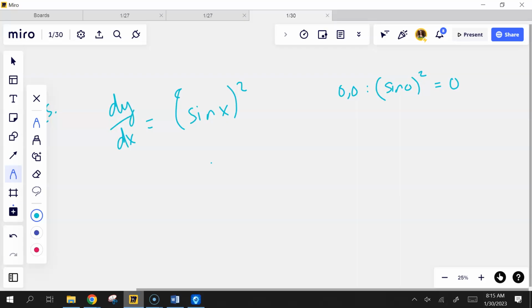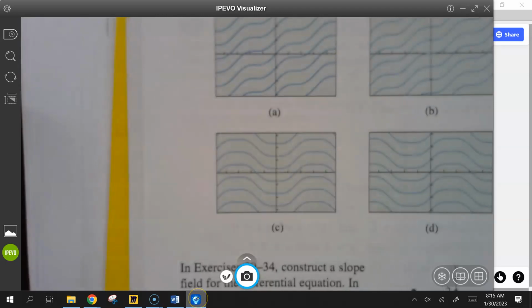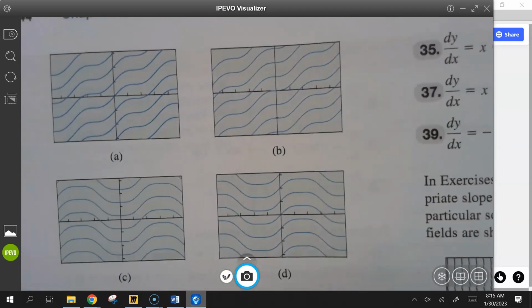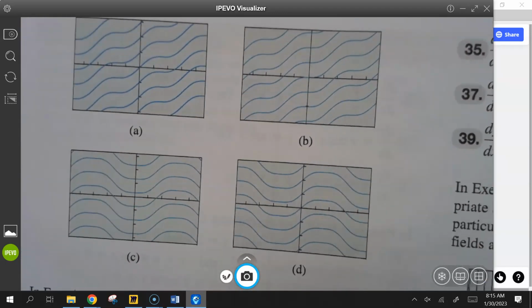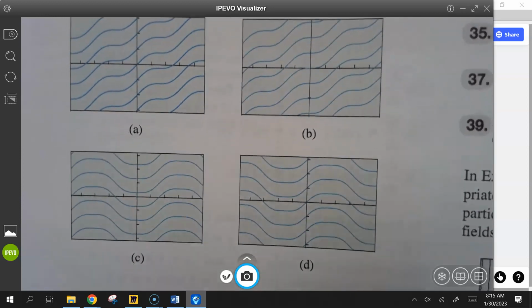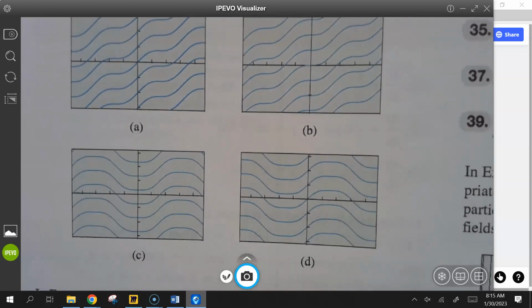All right, so let's look at the slope field. Why is it C? I see what you're saying.